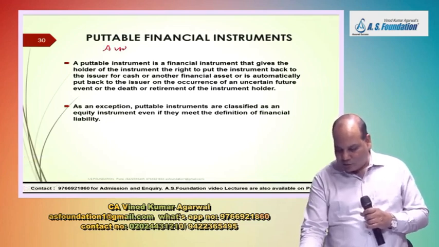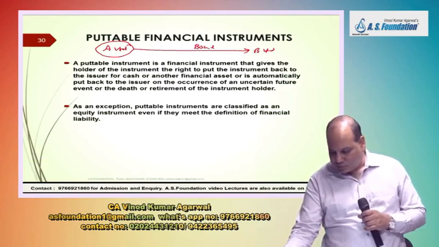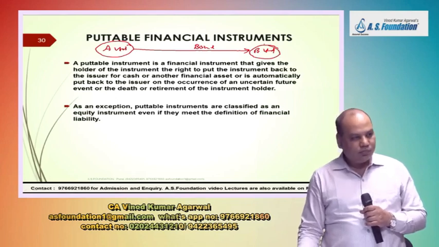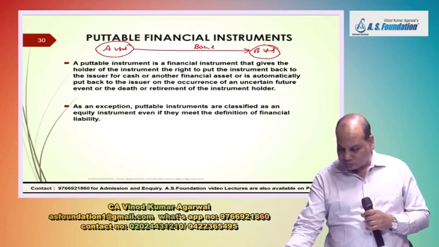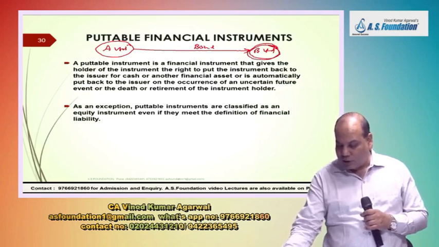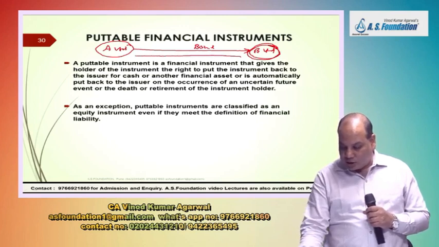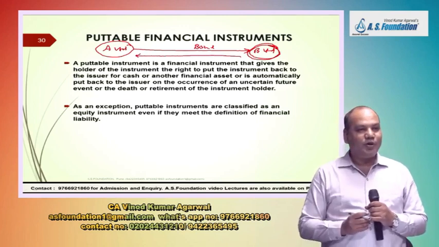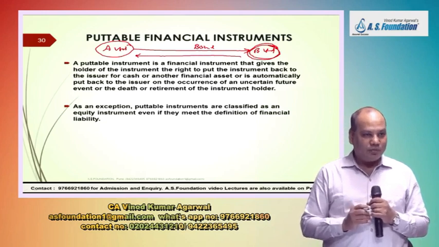A Limited has issued a bond to B Limited. So it is like a financial liability. What is the right of B Limited? He can surrender the bond before maturity to A and ask for redemption.